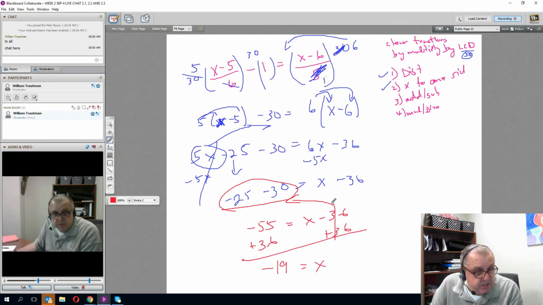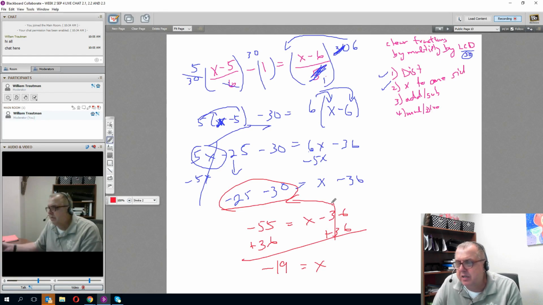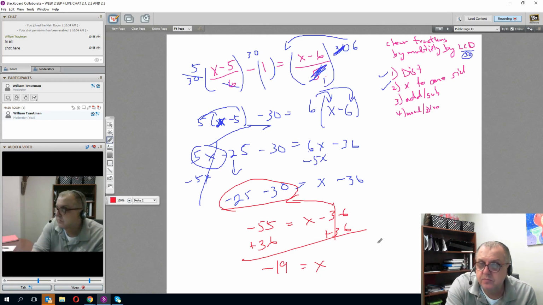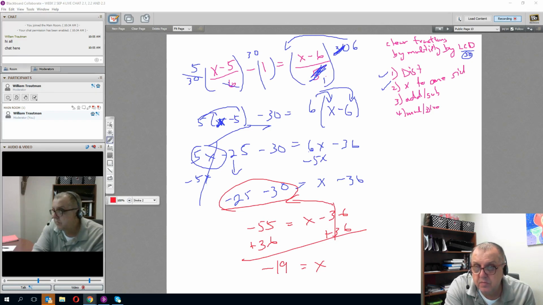Negative 55 plus 36 on my calculator gives me a negative 19. And it doesn't matter which side x is on. It still says x equals negative 19. Just know that if you have a y or an x, there's an invisible 1 in front of it.